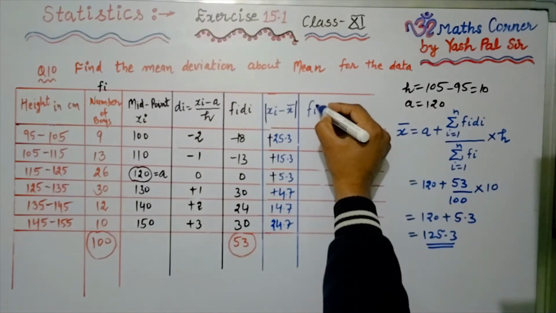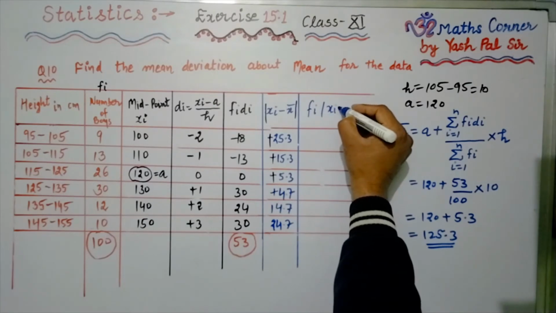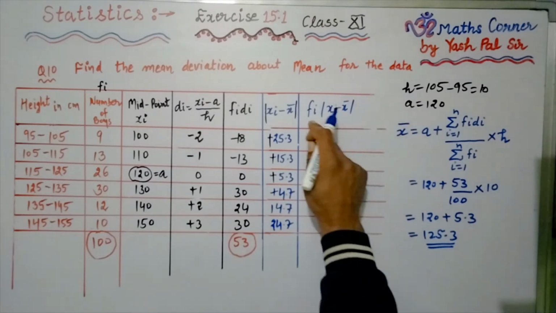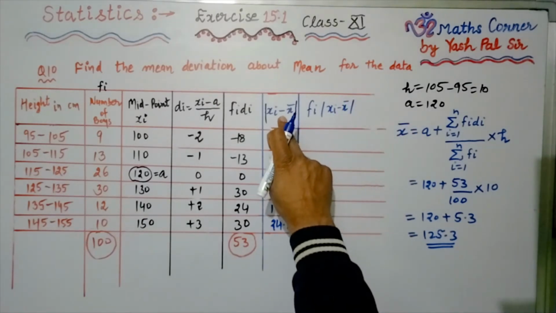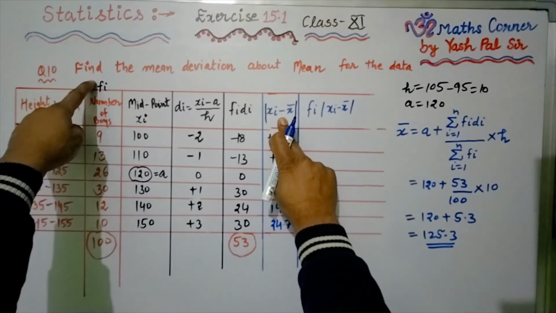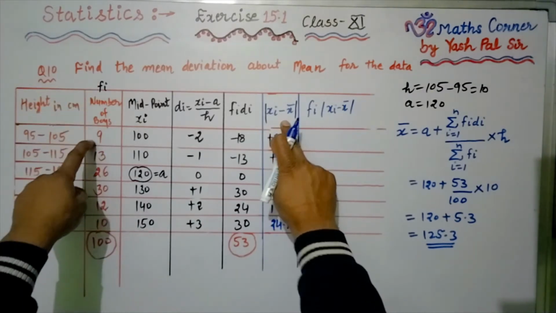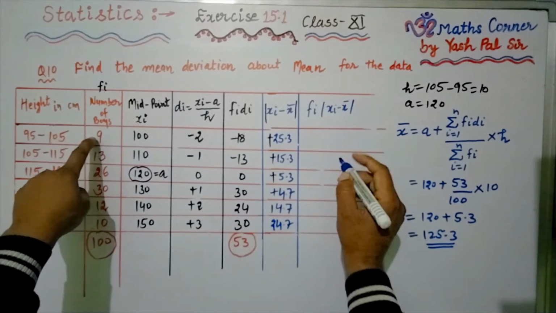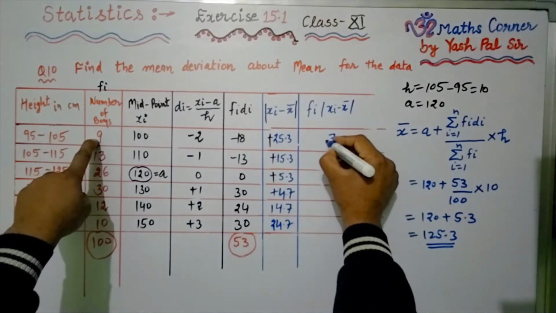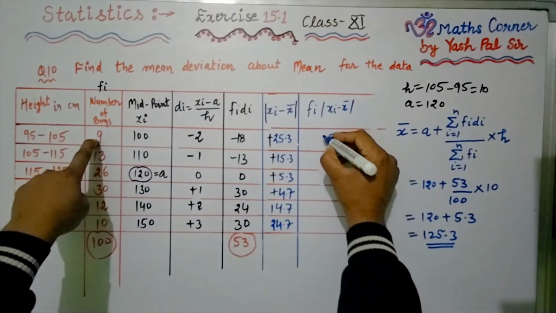Okay, now we find fi into the modulus of xi minus x bar. That is, we multiply fi and this term, 9 into this.